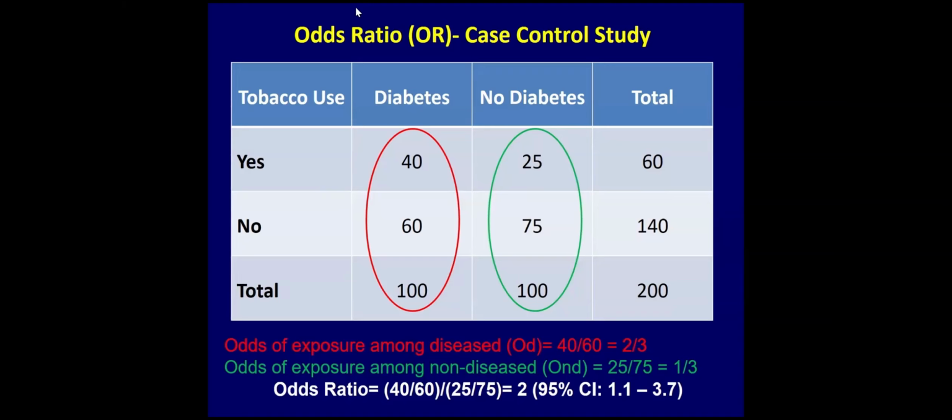Again, what is the null value here? If odds of exposure in diabetes and odds of exposure in no diabetes were equal, say 2 by 3 and 2 by 3, what would have been the odds ratio?